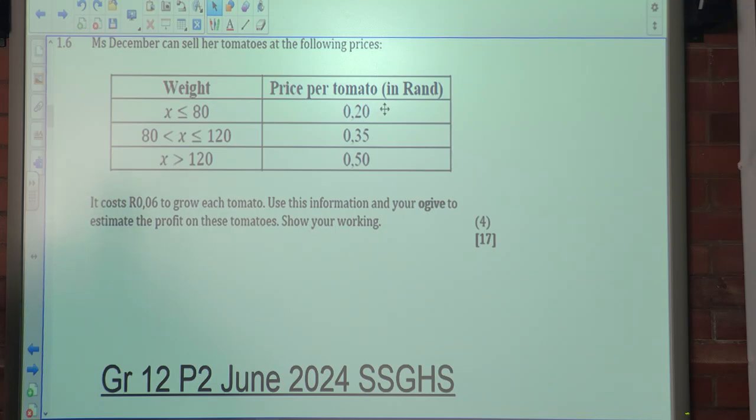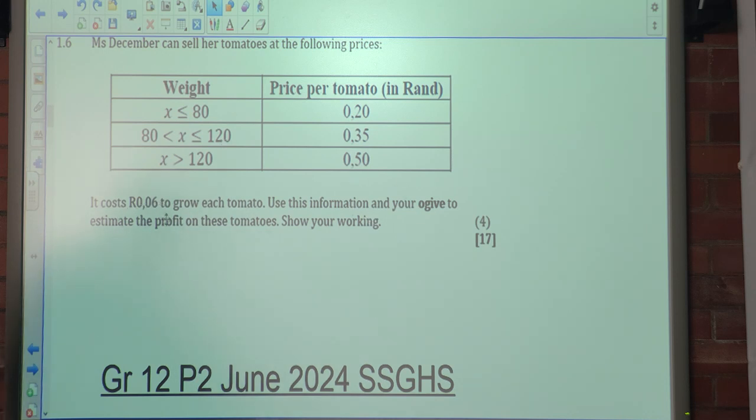So it's 20 cents or 0.2 rands. Between 80 and 120 grams, it comes in at 35 cents, and for more than 120 grams it comes in at 50 cents per tomato.